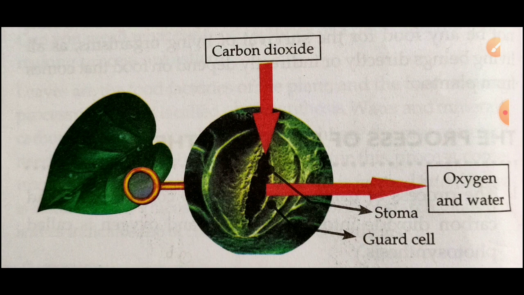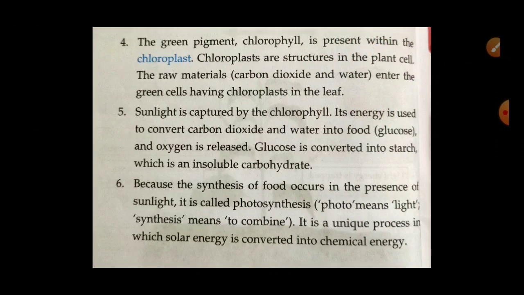Afterward, you will see the green pigment chlorophyll is present within the chloroplast, and chloroplasts are structures in the plant cell. The raw materials, carbon dioxide and water, enter the green cells having chloroplasts in the leaf.